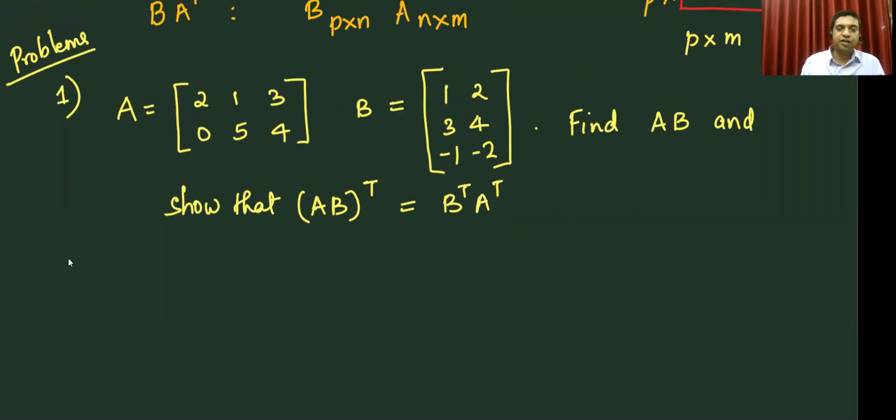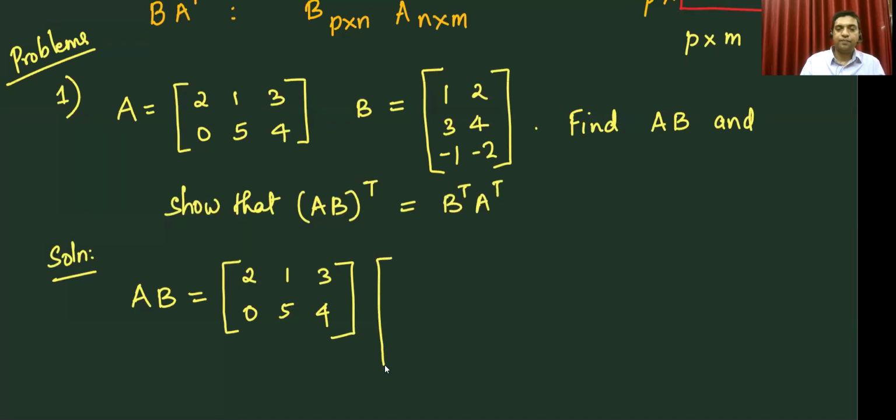Solution: A is 2, 1, 3, 0, 5, 4 and B is 1, 2, 3, 4, minus 1, minus 2. The first row gets multiplied with the first column. This is 2 by 3, and this is 3 by 2. You will get a 2 by 2 matrix.